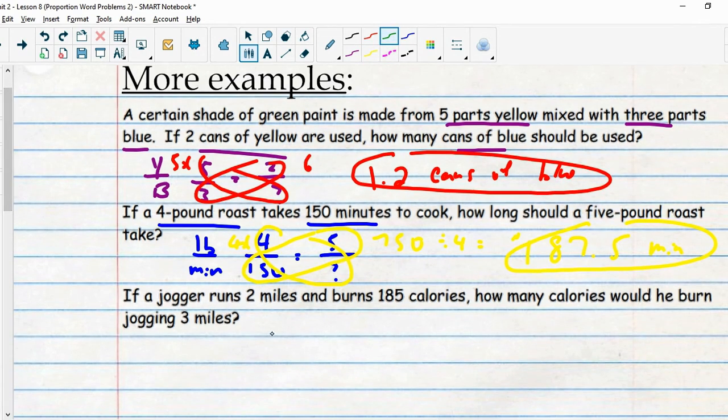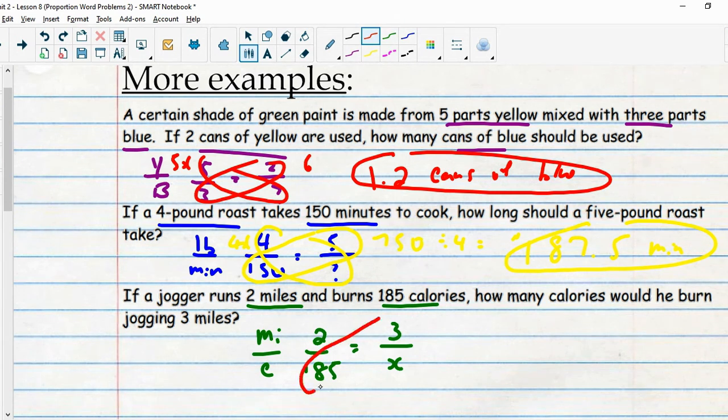So let's read. A jogger runs 2 miles, burns 185 calories. What are we measuring here? Miles to calories, right? So 2 miles, 185 calories. How many calories for 3 miles? So check out the proportion. Here I'm going to do 3 times 185.